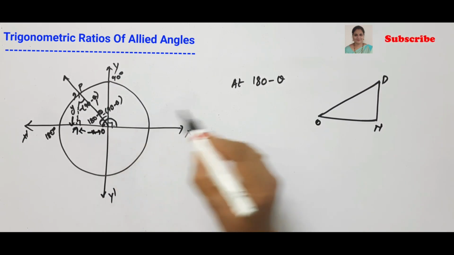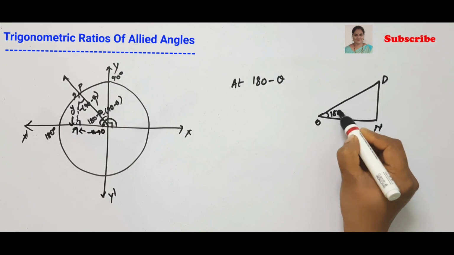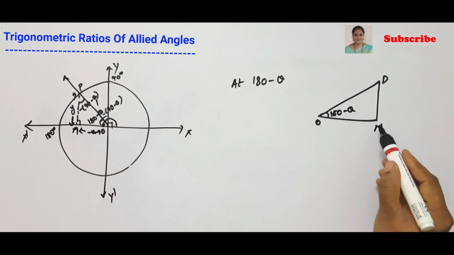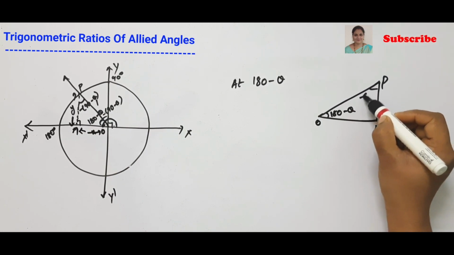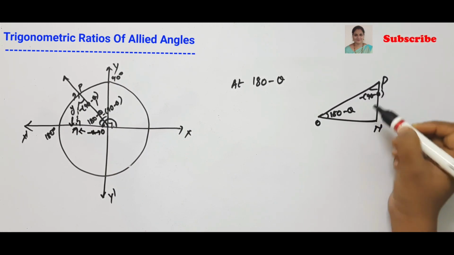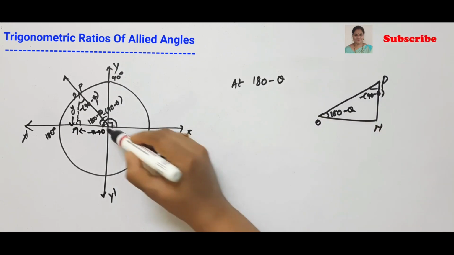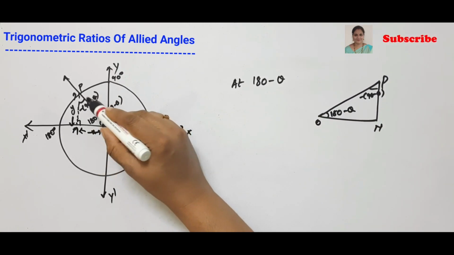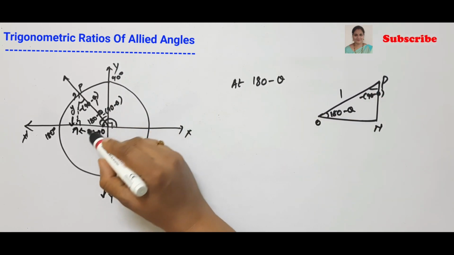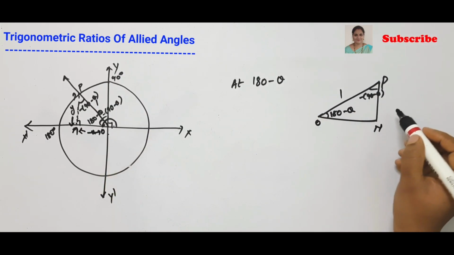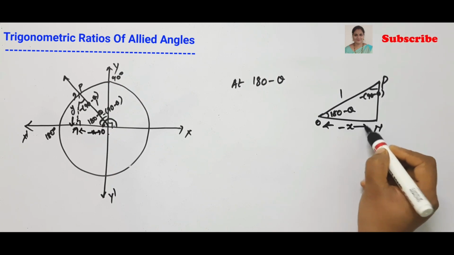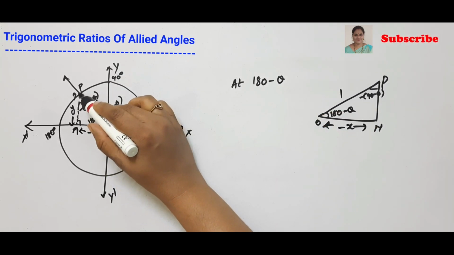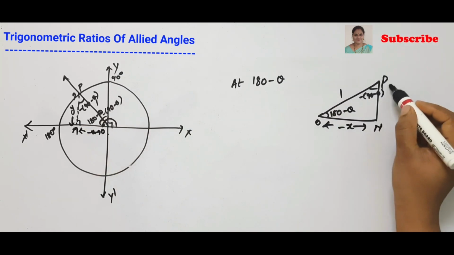Angle at O is 180 minus theta, angle at M is 90 and angle at P is minus of 90 minus theta. The distance of OP is 1, the distance of OM is nothing but minus x. The length of PM is y. So this is y.